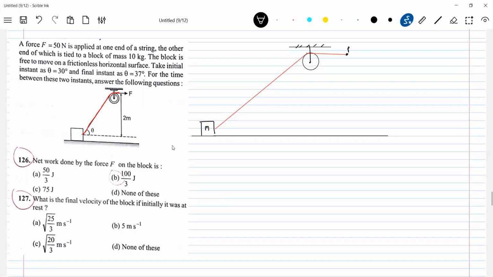Then after some time the block will get displaced here. Definitely the block should move. Then what about the rope? The rope will be like this. Then this was the position of point P.